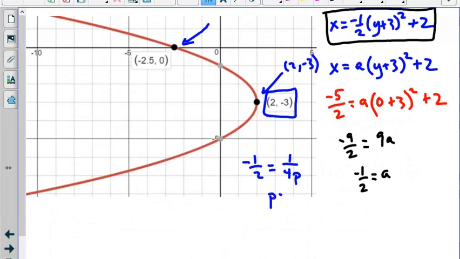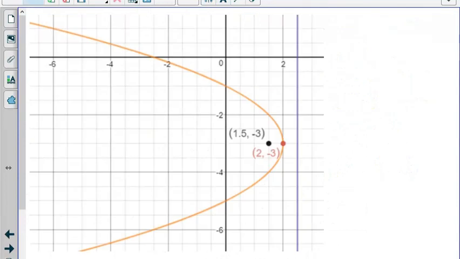So p is -1/2 if we solve this for p, which means that our distance from the vertex to the focus and the vertex to the directrix is going to be -1/2, and that'll be in the x direction because our parabola opens in the x direction. So really quick, that's a graph of the parabola where the focus and directrix are also put on it.